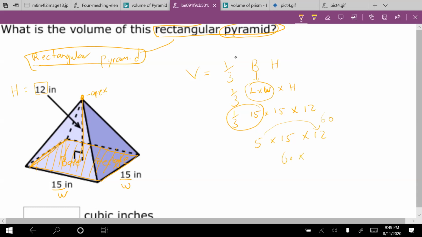So 60 times 15 is the same as 60 times 10 plus 5. 60 times 10 is 600. 60 times 5 is 300. So the volume is 900 cubic inches. I hope this was helpful.